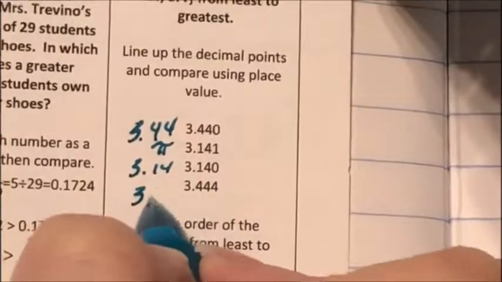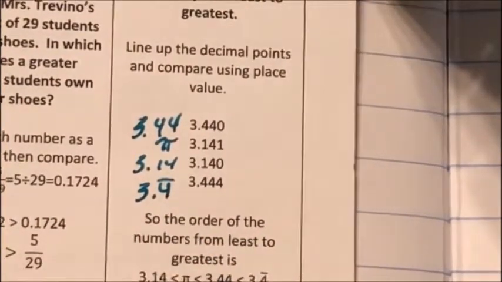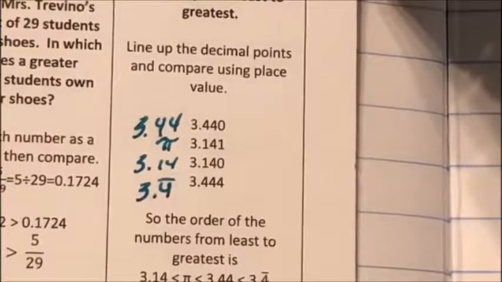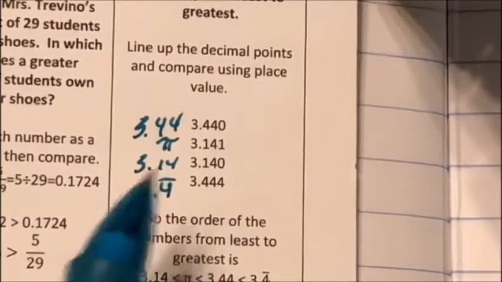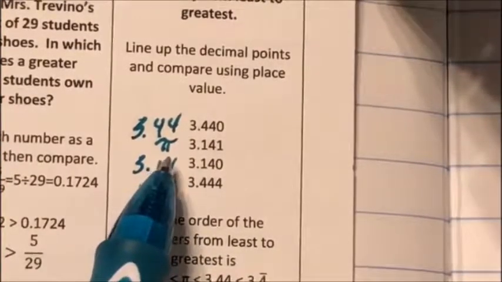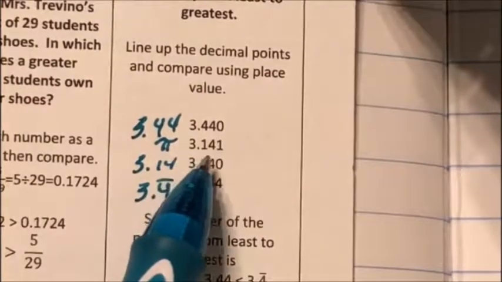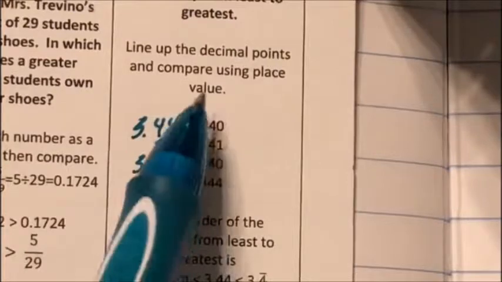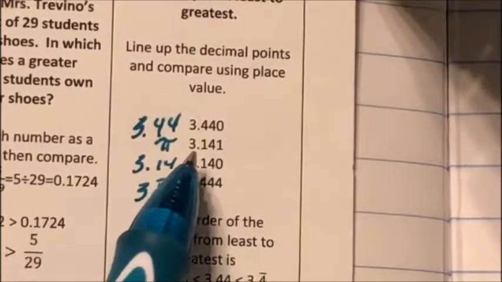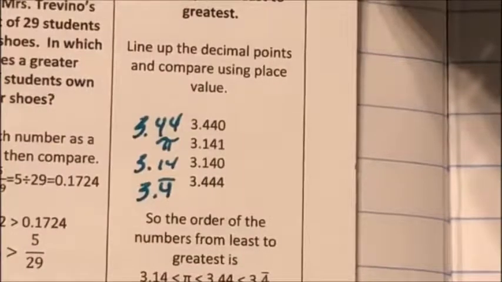And this was my 3.4 repeating. I can take it out to as many digits as I want to. I recommend, since pi is an irrational number, taking it out to at least 3 places, because all the other ones with terminating decimals end at 2. So taking it out 1 extra place value is helpful.